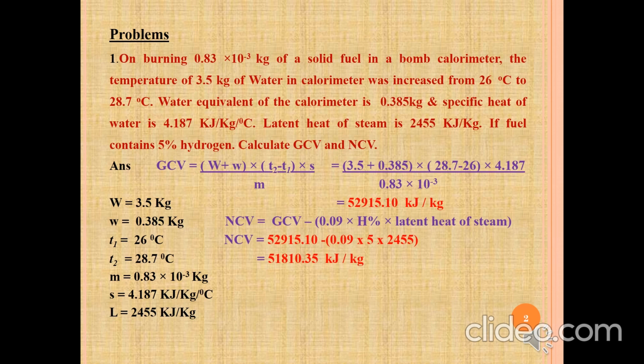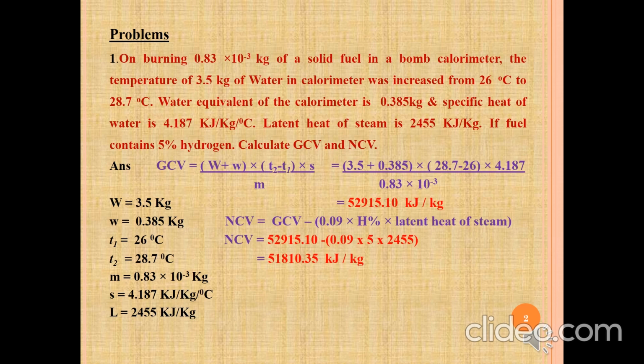T2 is the final temperature, which is 28.7 degrees Celsius. M is 0.83 into 10 to the power minus 3 kg, that is the mass of the fuel. S, that is specific heat, is 4.187 kilojoules per kg per degree Celsius. Lastly, L is the latent heat of steam, which is 2455 kilojoules per kg.